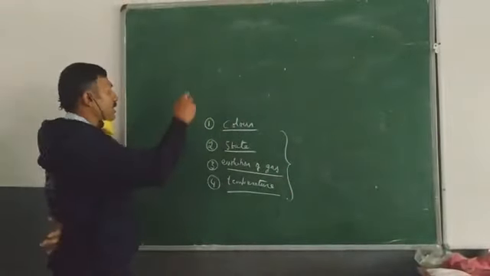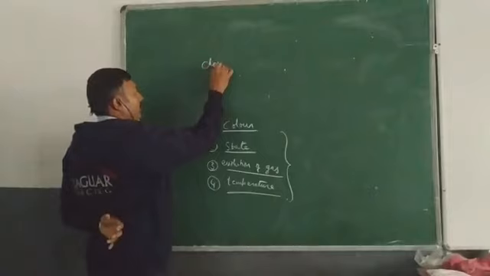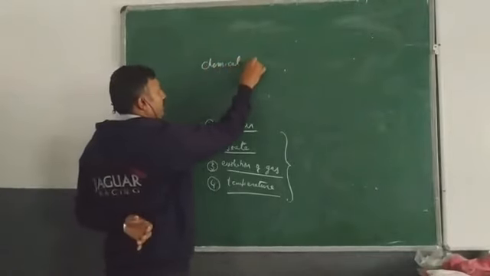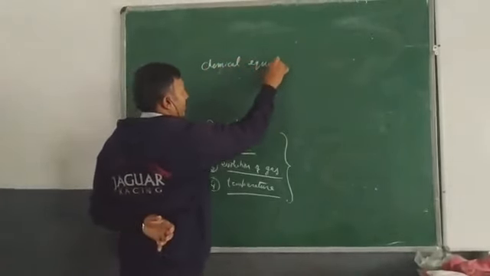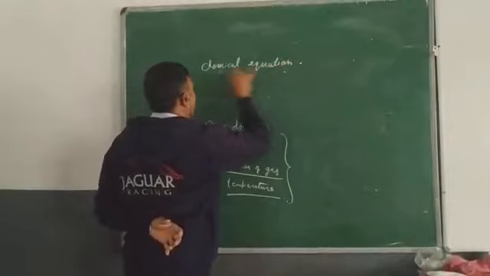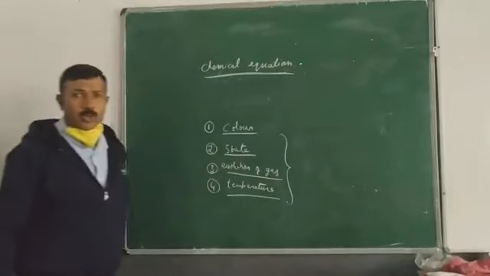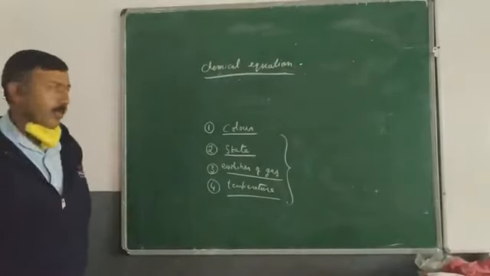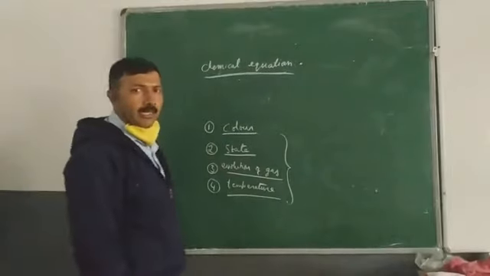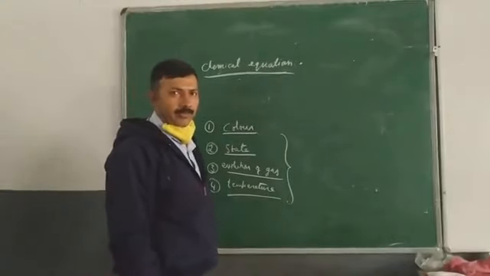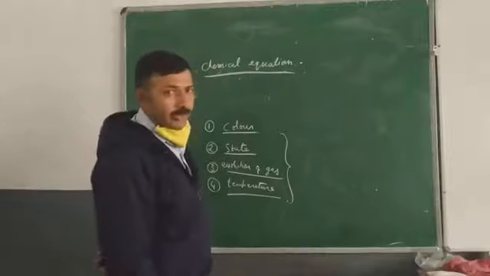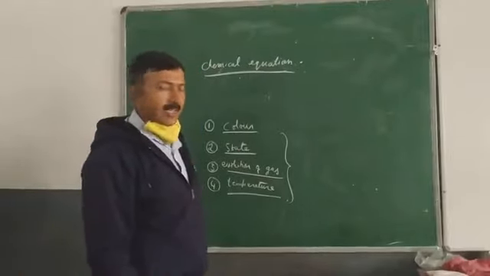Now, what is a chemical equation? It is a short scientific way of representing a chemical reaction. It is done by using symbols and signs.